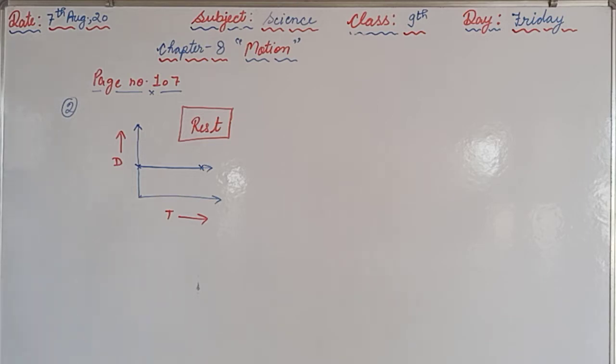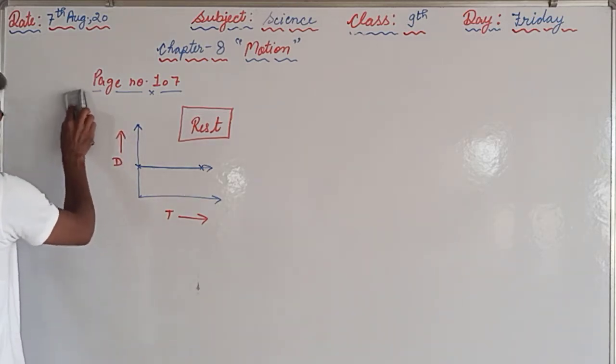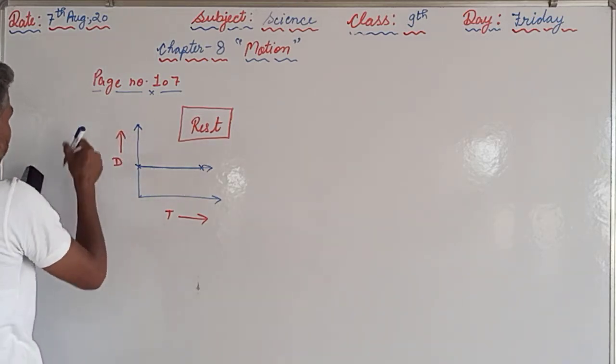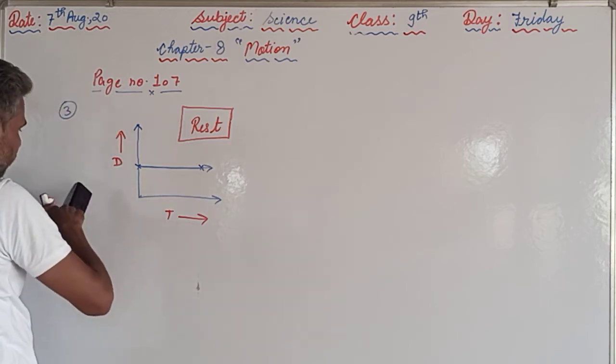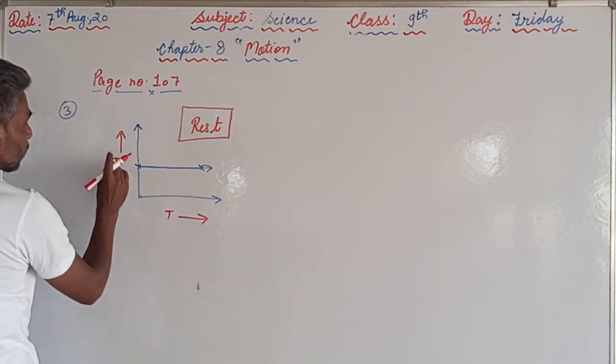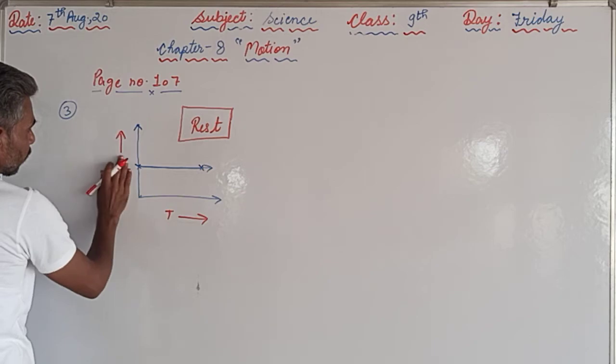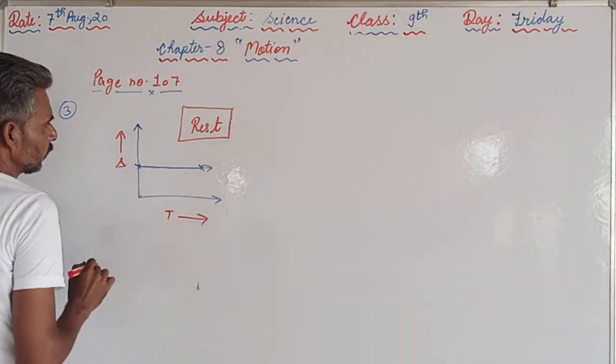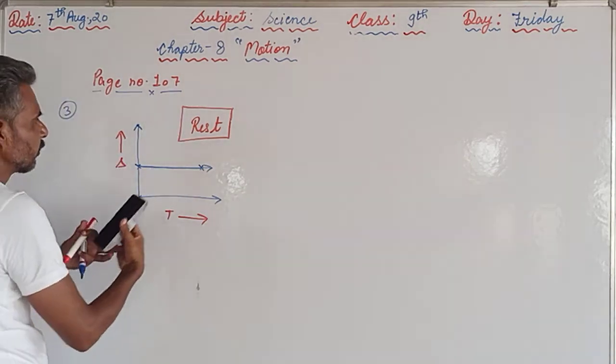At the same time, in question number 3, we have changed the distance time graph to the speed time graph or velocity time graph, and the same thing is given there.